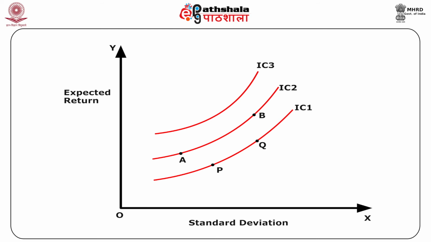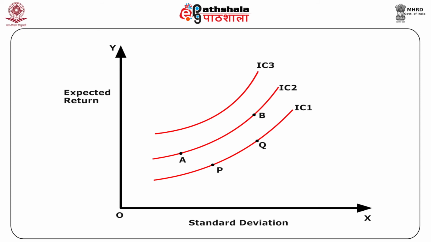And then we notice that there could be 2 points on each of these curves, such as P and Q on IC1 and A and B on IC2. These are equally preferred, whereas the choice would depend upon the nature of the investor.